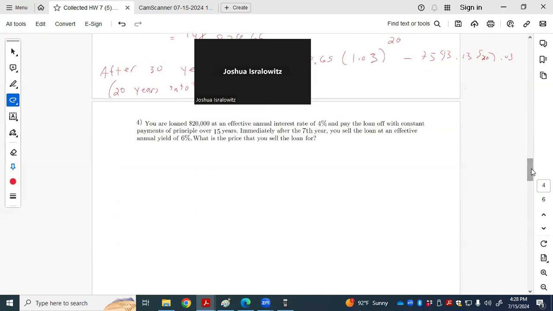All right, number 4. I should have checked that the answer is a little less messy than it is, but still, it's not too bad. So I'm going to do rounding. Doesn't matter. Most people, I don't think too many people treated this as a constant payment.